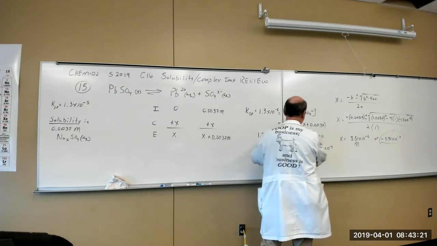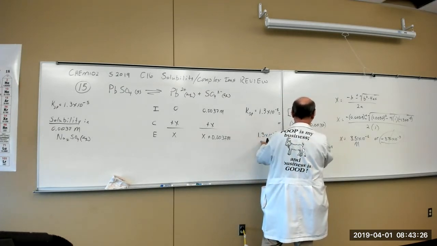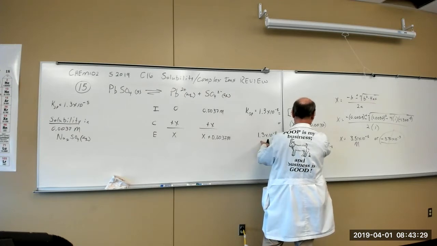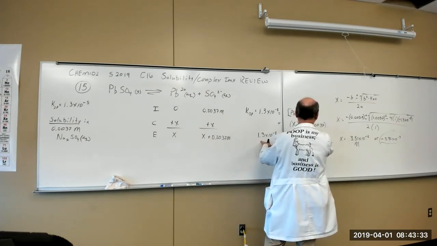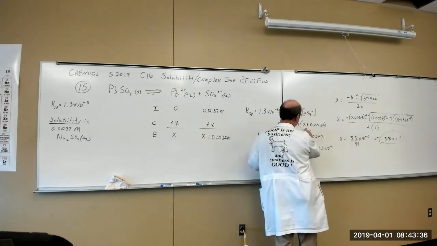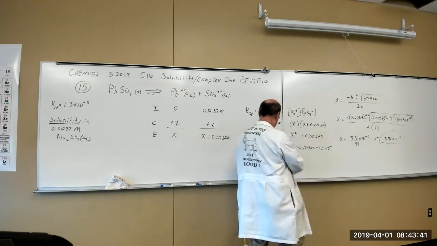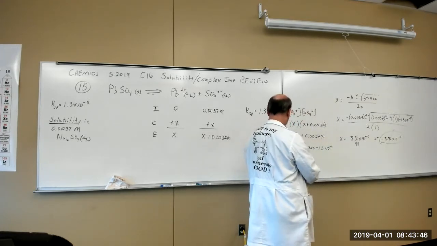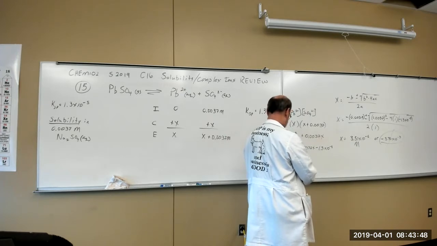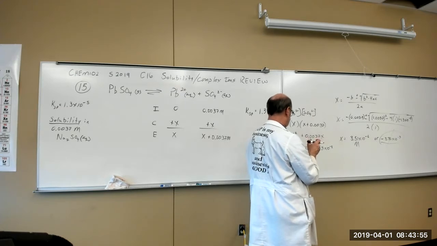So if we throw this x out, it would be x times 0.0037.